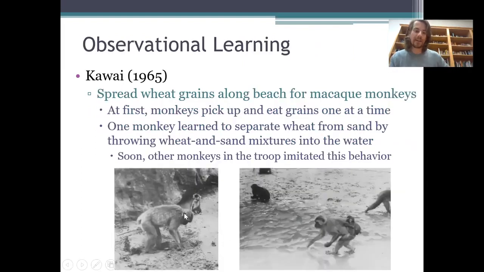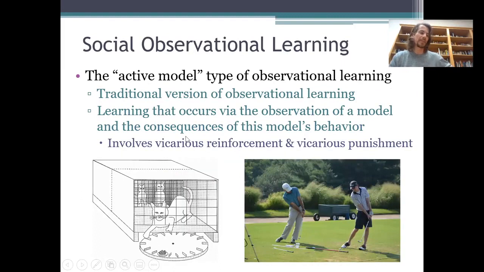The monkeys on that beach in Japan, they learned to toss wheat and sand mixtures into the water because they saw a model do it first. I learned how to change the oil in my car by having a model demonstrate the process for me, and I learned not to chew gum in class because I saw a model do it and get in trouble for it.